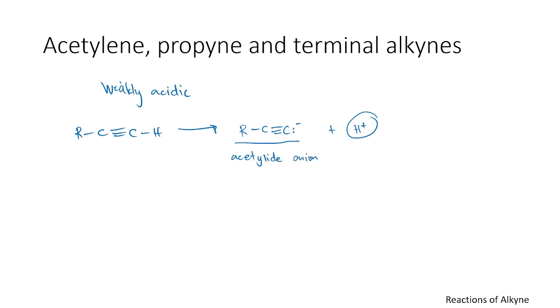anion. So due to the presence of, or due to that behavior of terminal alkynes, nagkakaroon tayo ng weak acidity. And by that, pwede natin siyang actually i-compare sa acidity ng iba pang known acids natin.